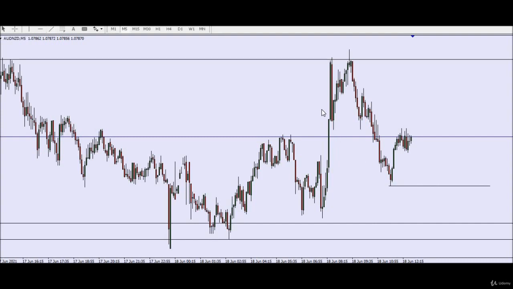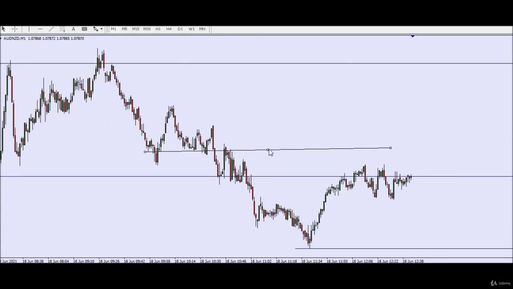and here, but we should look at the lower time frame. So 1 minute time frame, we see this level.